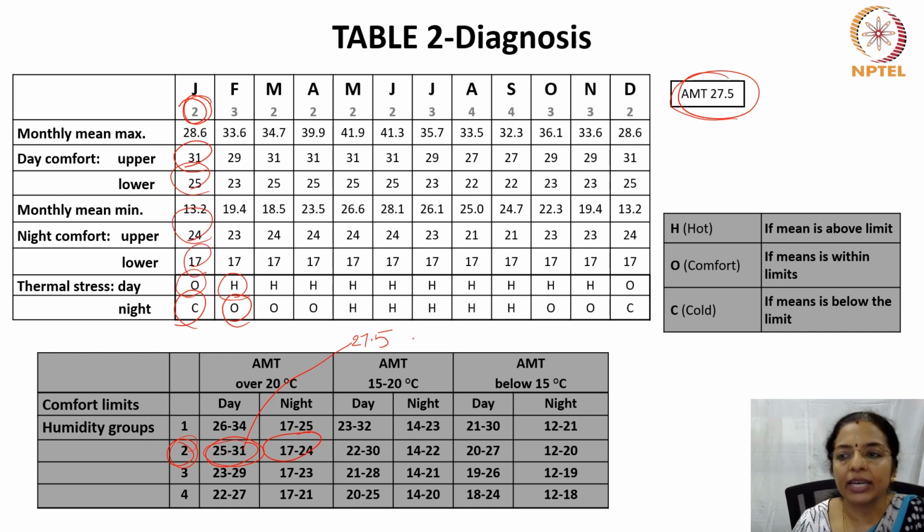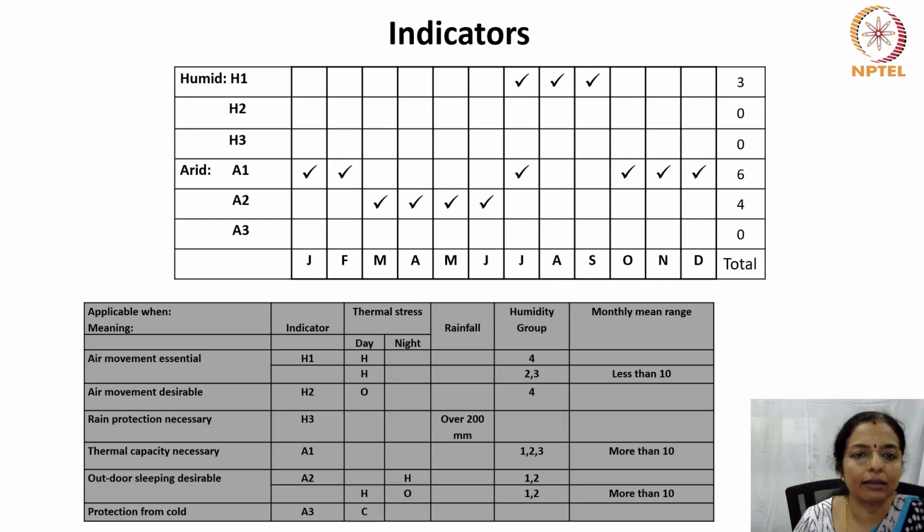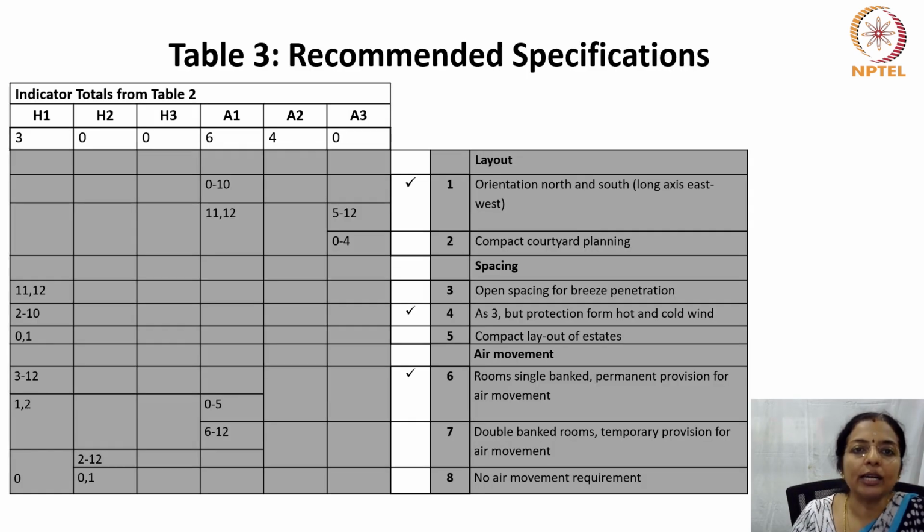And I will do the further calculations as I had shown in the previous. Then based on this, I am doing the indicators also. After I do the indicators, as I had already demonstrated, we go for recommended specifications.